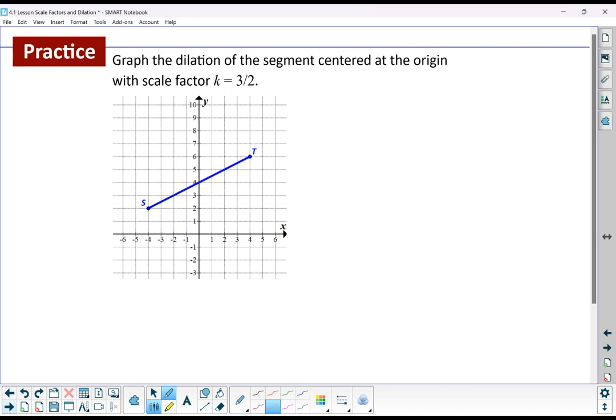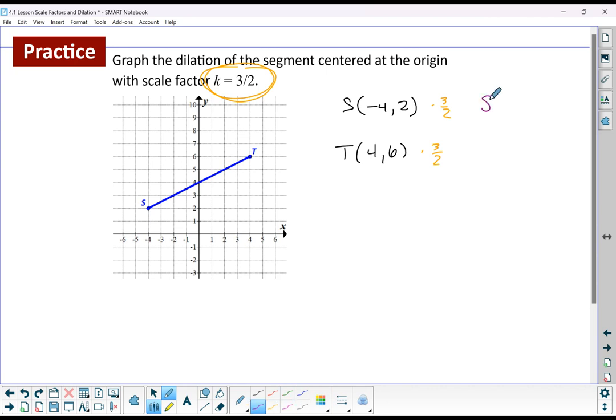Okay, we can do this for even something as simple as a line segment. If I have a line segment ST, S is at -4, 2, and T is at the point 4, 6. We want to dilate it with a scale factor of 3/2. If we multiply by 3/2, that will give us the location of S prime T prime.